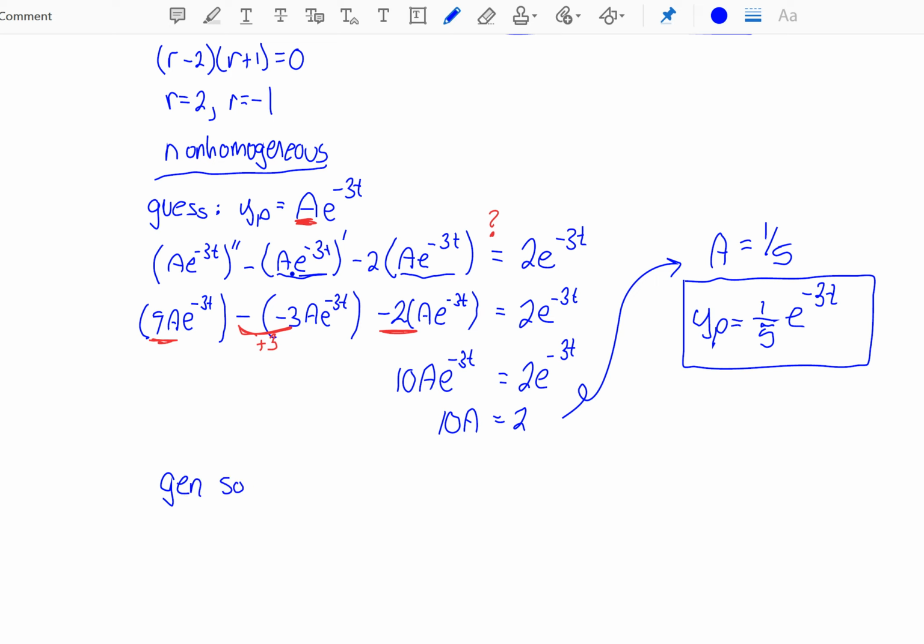Now we can write our general solution by the non-homogeneous principle as y of t equals c1 e to the 2t plus c2 e to the negative t plus our particular solution 1/5 e to the negative 3t.